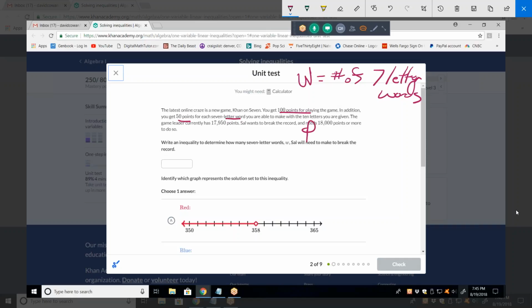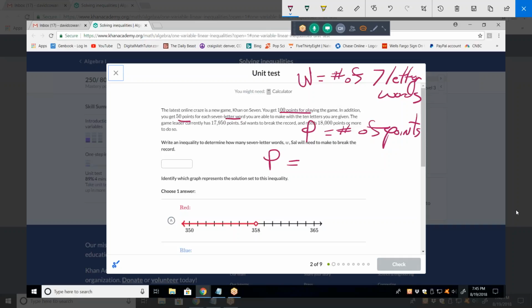We'll call that P. P equals the number of points. So what is an equation for P? An equation for P is 50. Hold on.